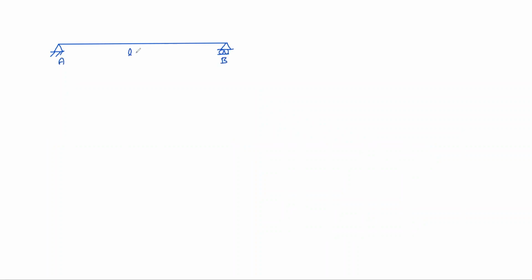Now for RB, just remove the restraint at B. See, the original beam is like this. Supports are like this. So L span.